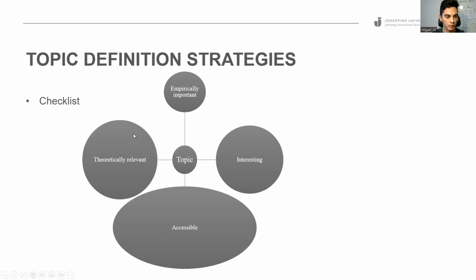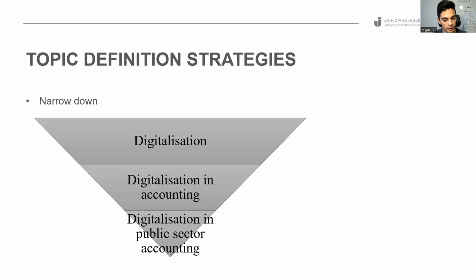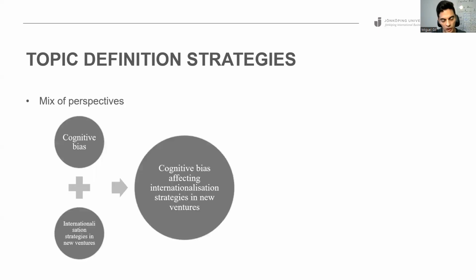So, reflection about the theoretical relevance. If it is interesting for you, I believe this is quite easy to solve. And then in the end, you can use the narrowing down with the pyramid, or the mix of perspectives. So I will finish the video here. In the next video, we will do a conscious exercise about some topic ideas. And then we close the topic definition.